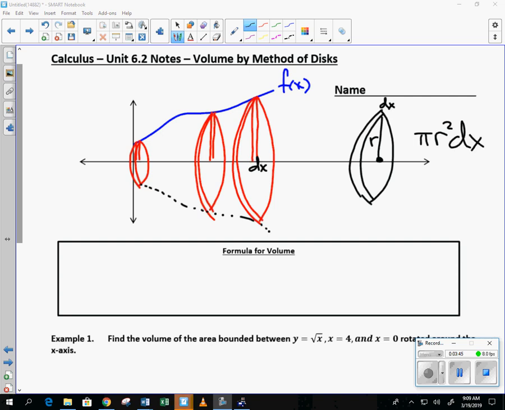Everybody see that pi r squared dx is going to be the volume of that one guy? Well, what determines our radius? The height, and the height is determined by the function. See how the function determines our height? So all of a sudden, the volume of this guy right here is pi times the function, which is our radius, squared, dx.